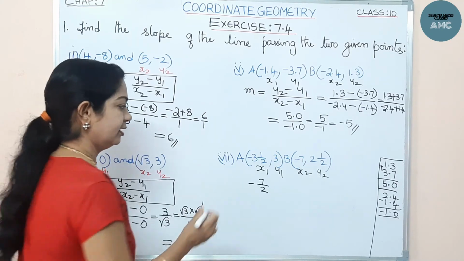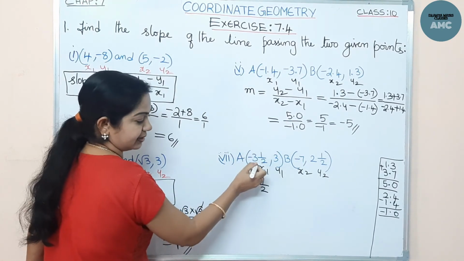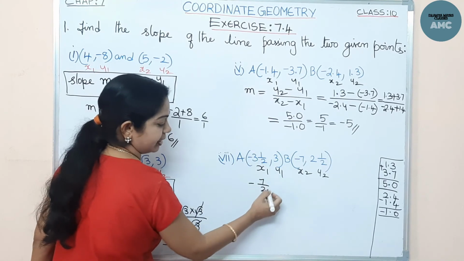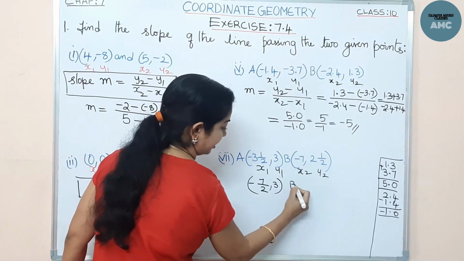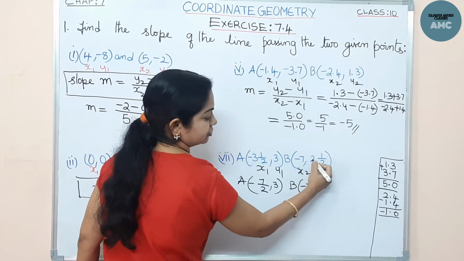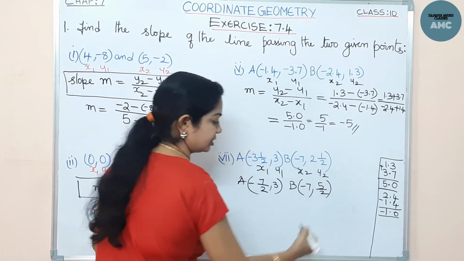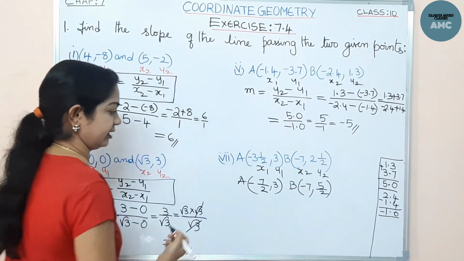Now don't do minus 2 into minus 3 plus 1, not like that. Minus is here only carried over. 2 3s are 6 plus 1, 7 by 2, comma 3. This is x1, y1. Now here the b value minus 7. Now 2 2s are 4 plus 1, 5 by 2. So change it into the improper fractions, then simplify.